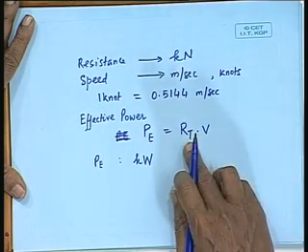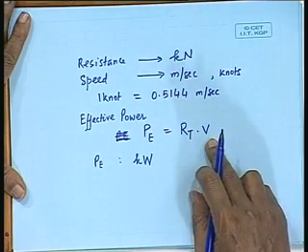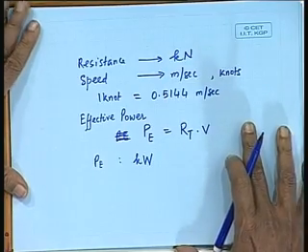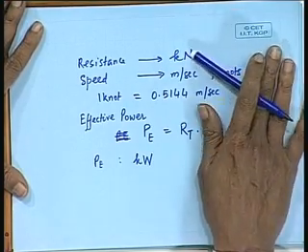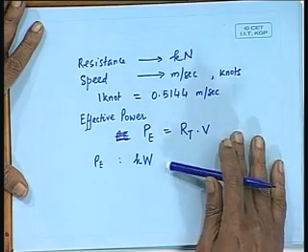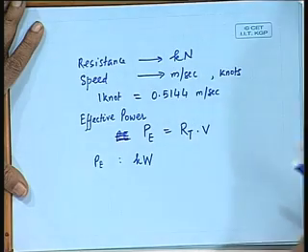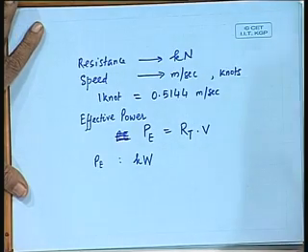If RT is in kilonewtons and speed is in meters per second, PE will be kilowatts. Similarly, if RT was in newtons and speed was in meters per second, then we would have got PE in watts.